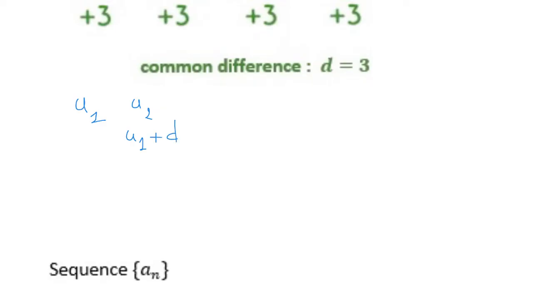To get from U2 to U3, we add d again. So U3 is equal to U1 plus 2 times d. And so on. So Un is equal to U1 plus (n minus 1) times d.